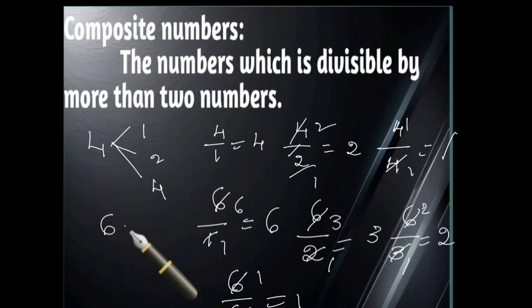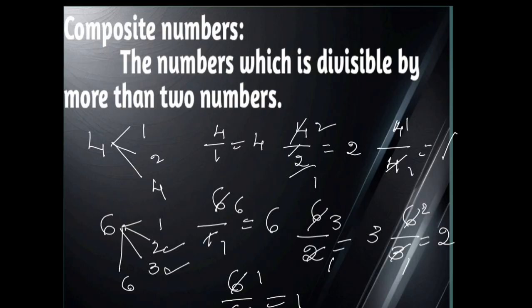Here this number has the factors 1, 2, 3 and 6. The number is divisible by 1 and itself, and also by 2 other factors. This number has more than 2 factors, and these types of numbers are called composite numbers.